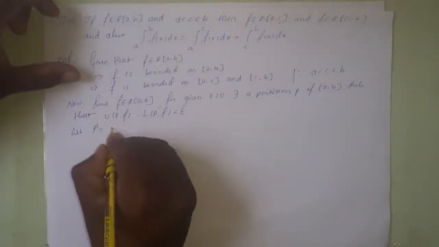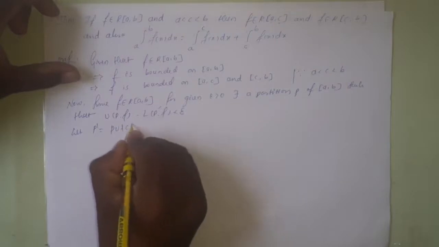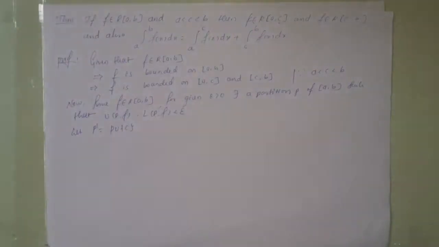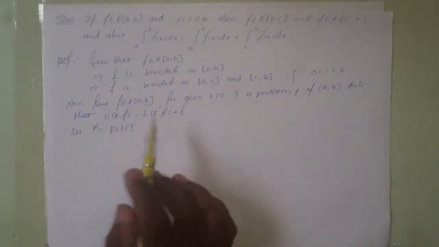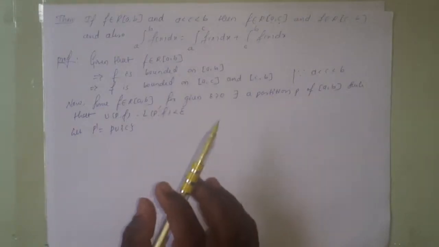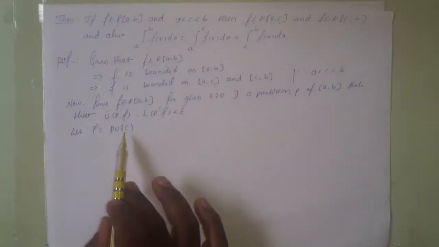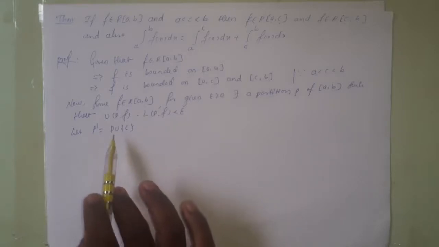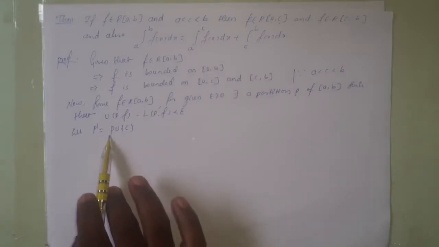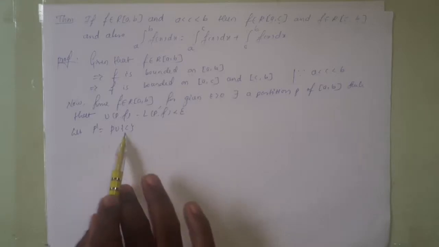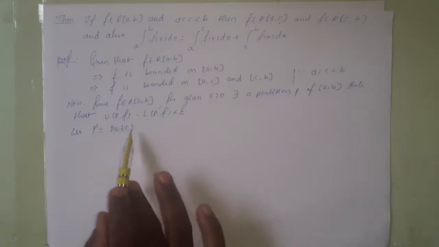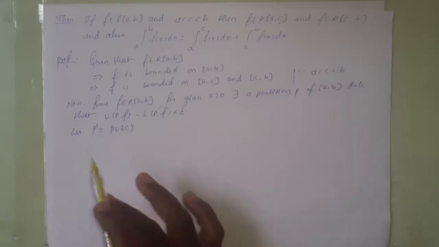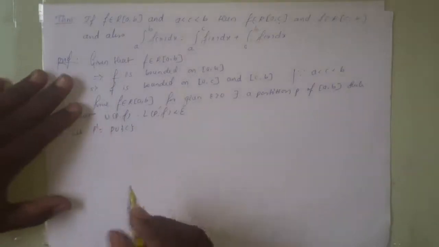So P dash is equal to P union the point c. Here P is the partition on the closed interval [a, b]. Now let us introduce one more point c, and take the union of the previous partition P and the new point c. The union of these two will be the new partition, that is P dash.